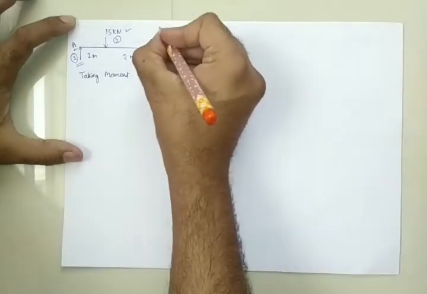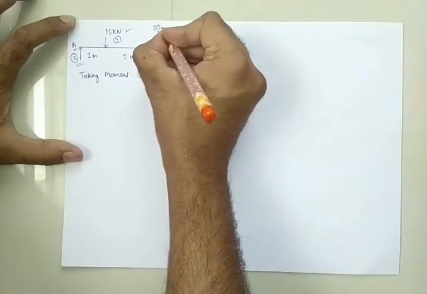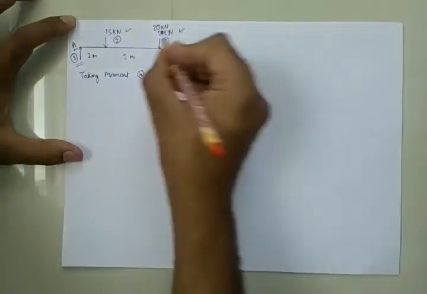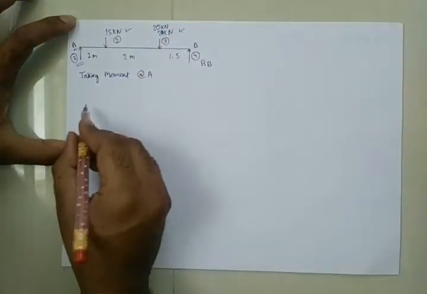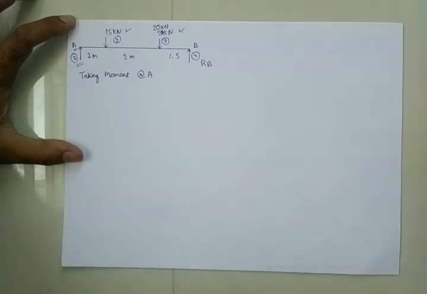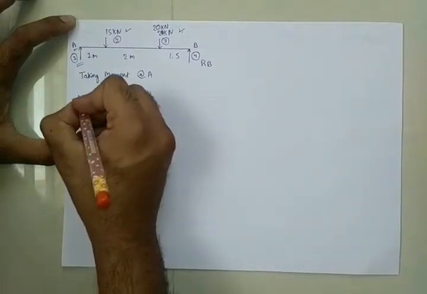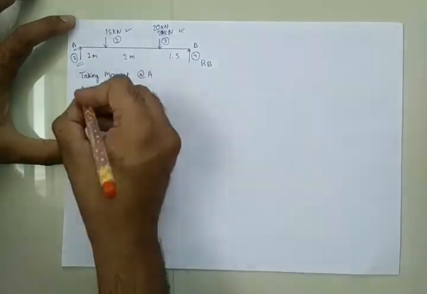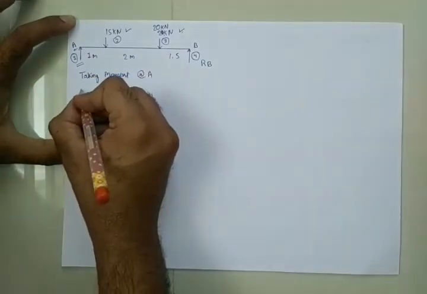So now once this is clarified, this is 20 kilonewton, as it is not visible, I can say. Our second step should be using the equilibrium conditions, the equilibrium formula.